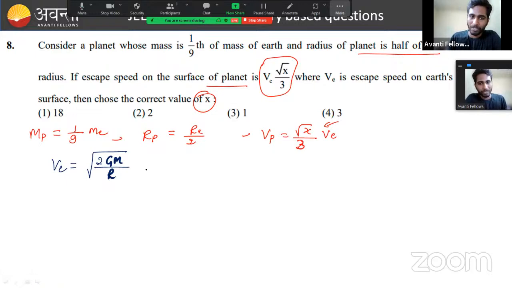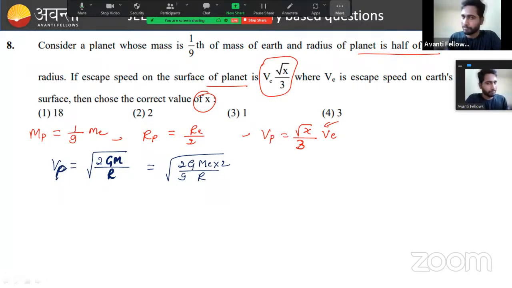Well, under root of 2GM. We are calculating the escaping velocity of the planet. The mass is 9 times less than the mass of Earth, and the radius is R by 2, so it will come to the numerator.